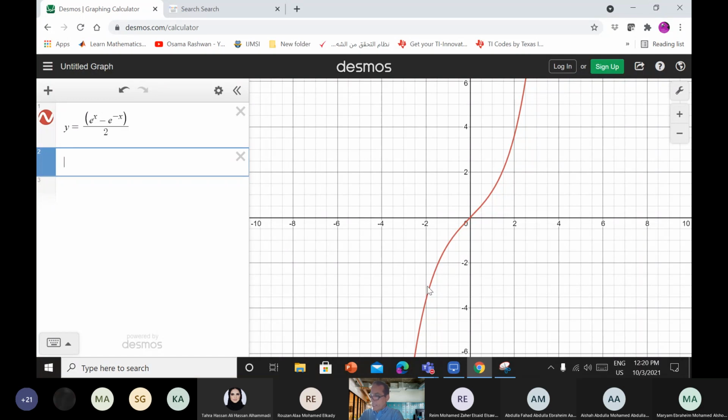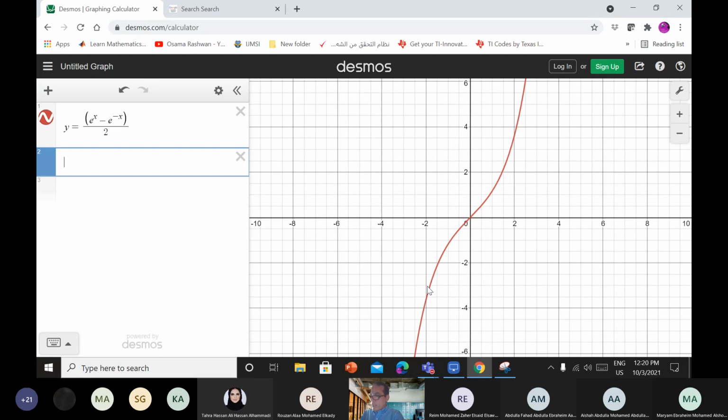So if you replace x by minus x, you will have e to the minus x plus e to the x over 2. Addition is a commutative operation, so you can have e to the x plus e to the minus x over 2, which is the same original function, cosh x. So it is an even function, even function.